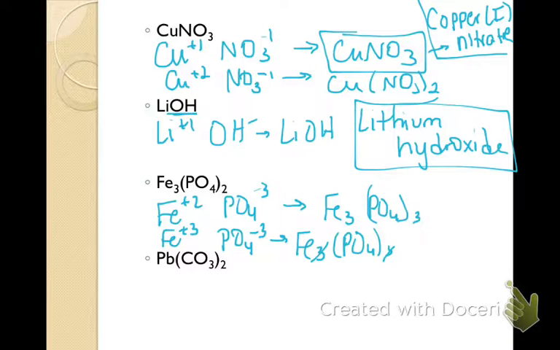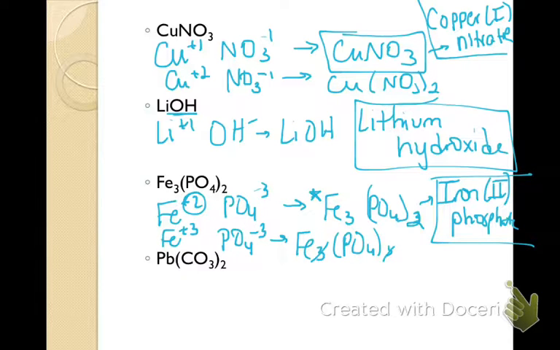Those cancel, so that ends up being FePO4. So this first one was the one that we needed. A 2 comes down there from the +2 charge. So let's name this one iron. It's Roman numeral 2 because it's the +2 version, and then the PO4 is phosphate. Okay, so it's iron 2 phosphate.